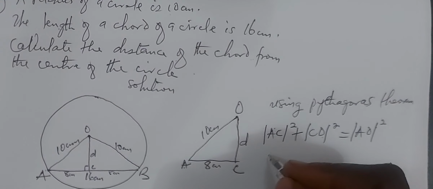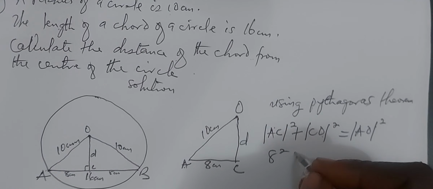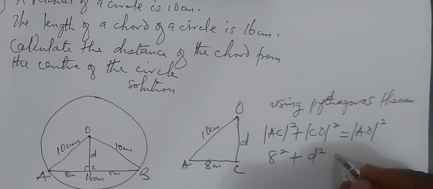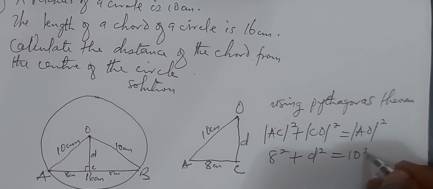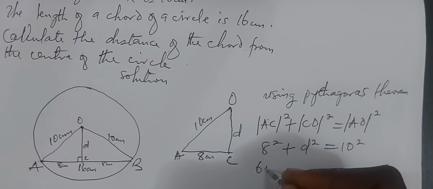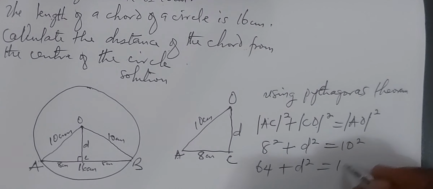So we have 8 square plus D square equals 10 square. So we have 64 plus D square is equals to 100.